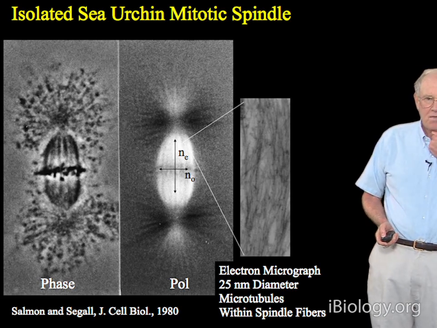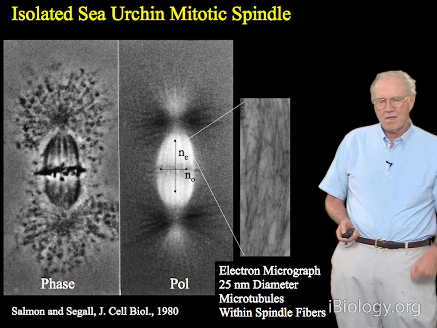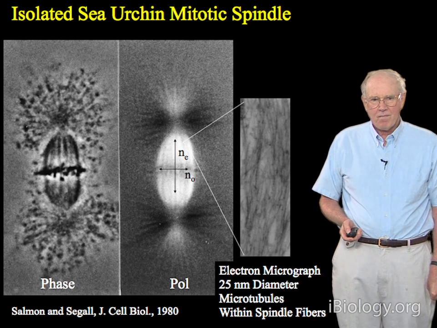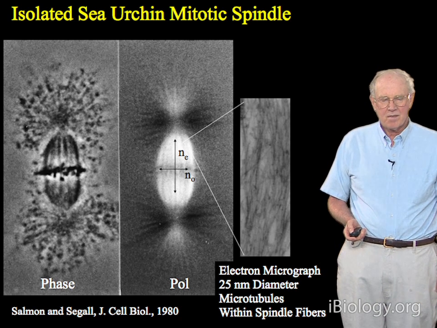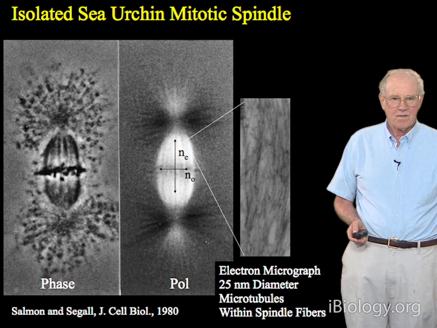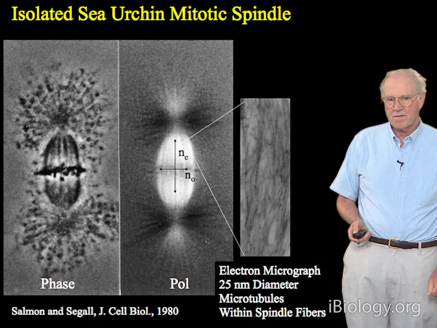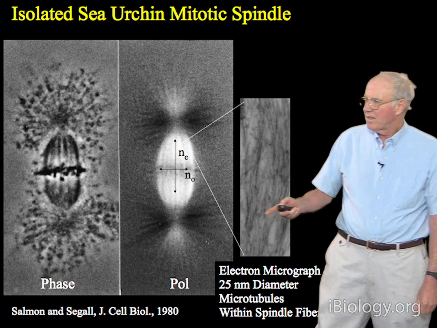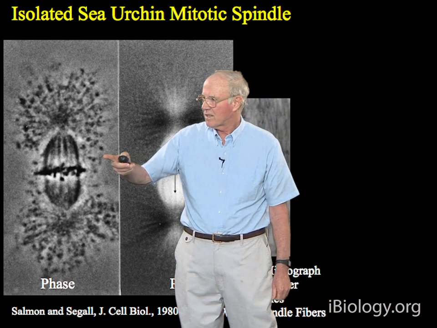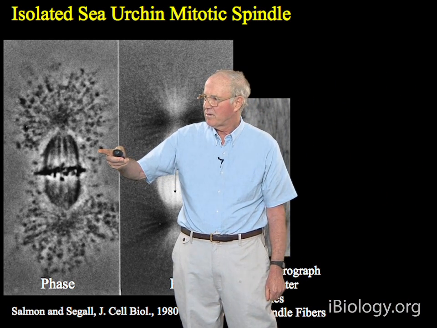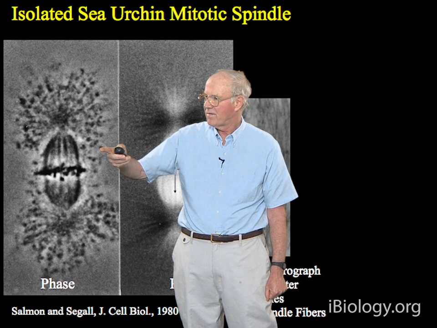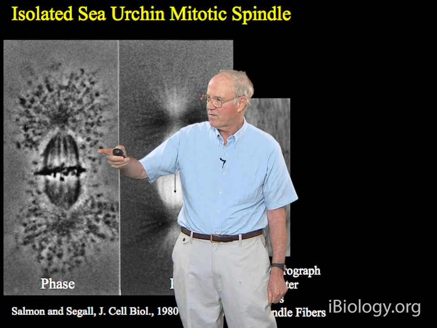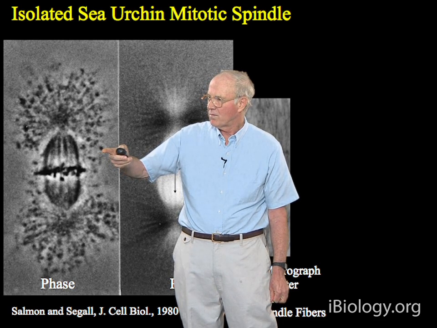Now, a third form of transmitted light microscopy that takes advantage of refractive index properties of the specimen is polarization microscopy. But here, rather than, like in phase contrast, looking at the difference between the refractive index and the background, giving, in this case, a dark contrast for this clump of ribosomes, right?